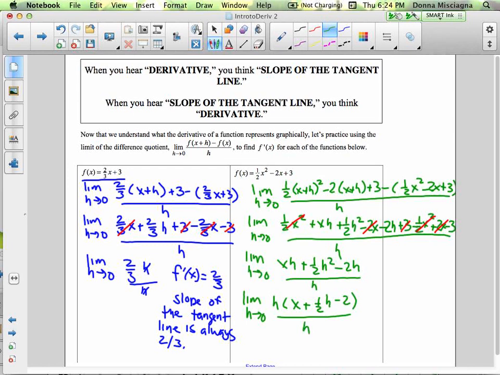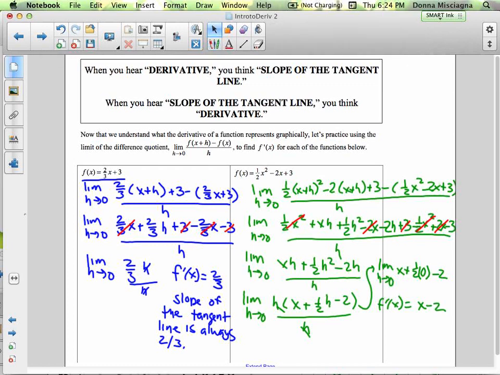The h's will cancel. Right, so we can plug in the 0. So this would be the limit as h approaches 0 of x plus 1/2 times 0 minus 2. And that's going to mean that the derivative, f prime of x, is x minus 2.